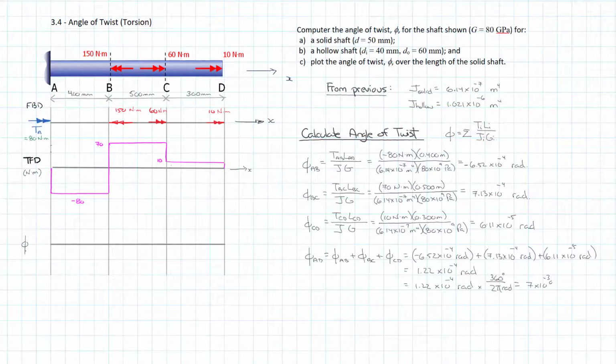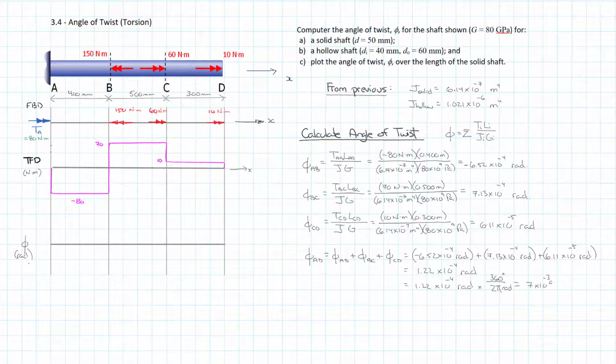So in this case, we're going to be plotting the angle of twist, and we're going to do it in radians. And so it starts at 0 because we know at A it's fixed, so there can be no angle of twist or no deformation at A. And then it's going to go up. Now, in a positive and negative, I'm going to match the sign that we applied to our torque.